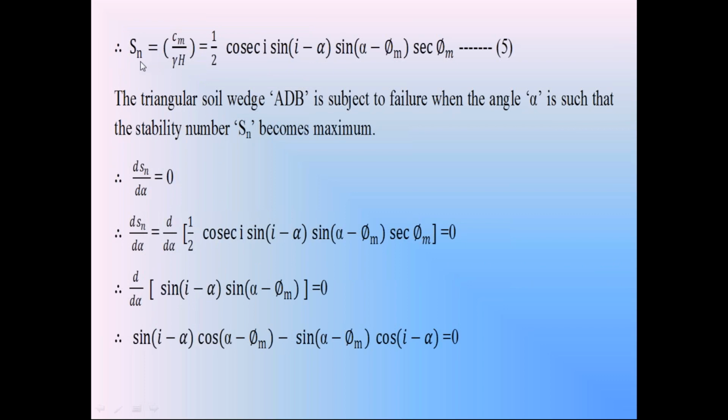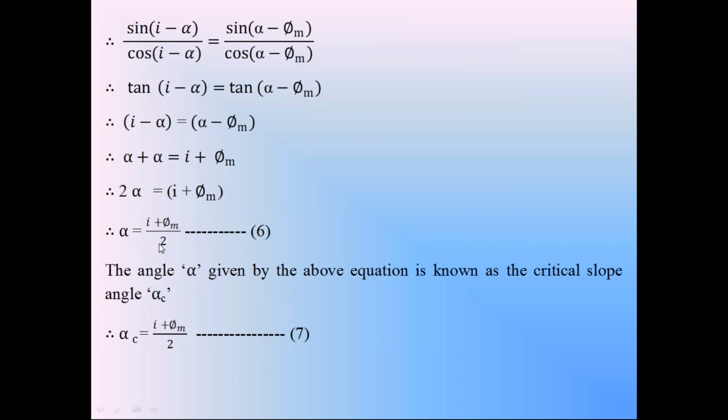We consider the stability number is maximum at dSn by d alpha equal to 0. For the maximum stability number, we got alpha is equal to (I plus phi m) by 2. Since it is for the maximum stability number, this alpha is called the critical angle. At maximum stability number, we call this angle alpha as critical angle alpha c. So equation 7: alpha c is equal to (I plus phi m) by 2.